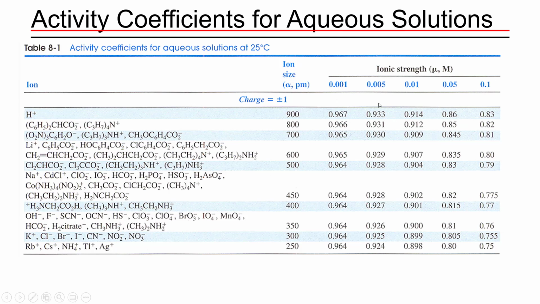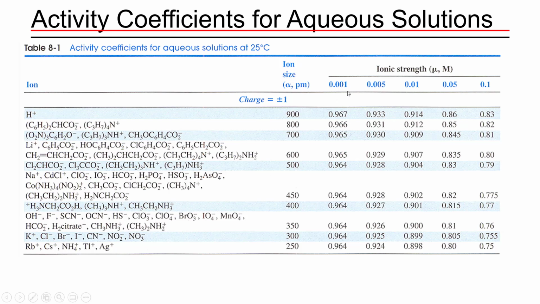So the first column down, your ionic strength is 0.001, 1 millimolar. These are your activity coefficient values. The next column is 0.005 molar, then 0.01 molar, 0.05 molar, 0.1 molar, and so on. So these are common ionic strengths that you might be solving a problem at.